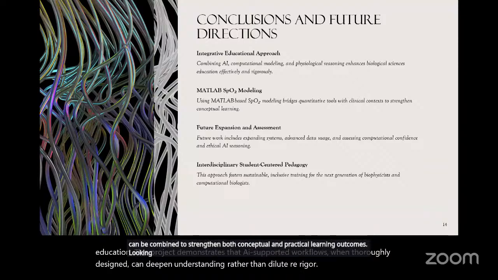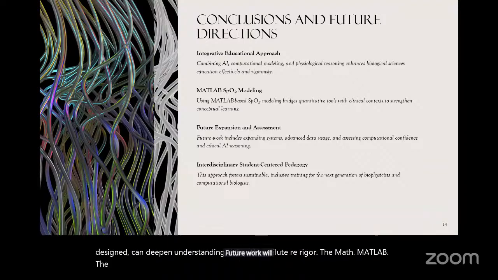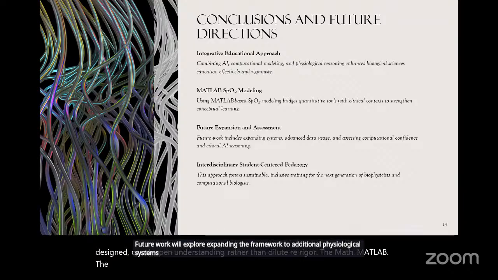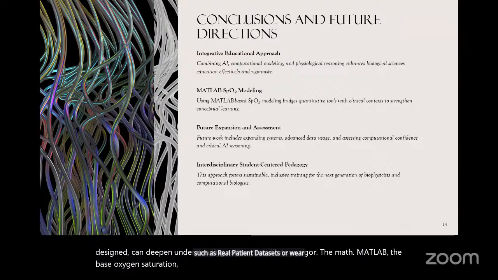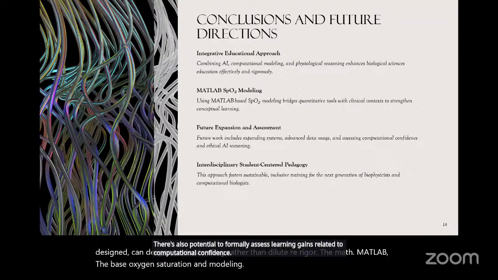Looking forward, future work will explore expanding the framework to additional physiological systems and incorporating more advanced data sources, such as real patient data sets or wearable sensor data. There's also potential to formally assess learning gains related to computational confidence, ethical AI reasoning, and long-term student retention in biophysical disciplines.